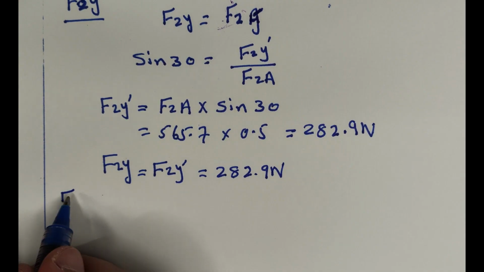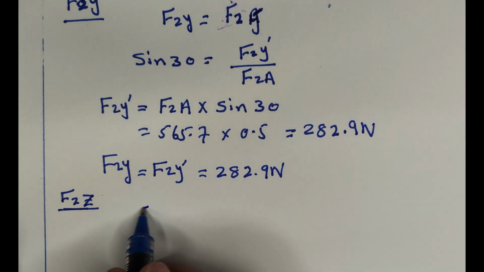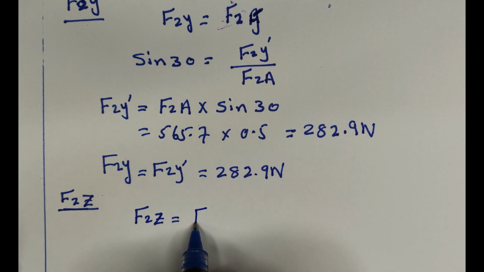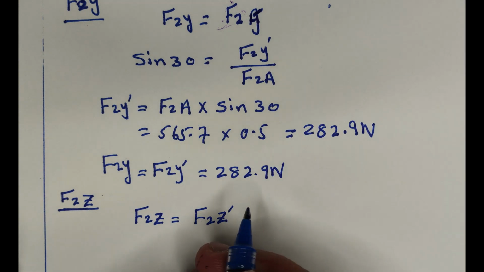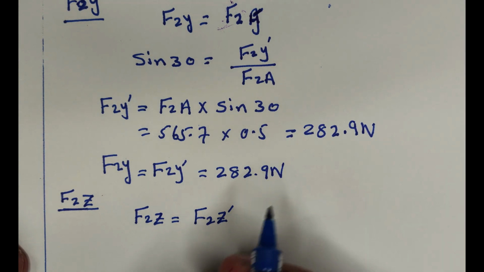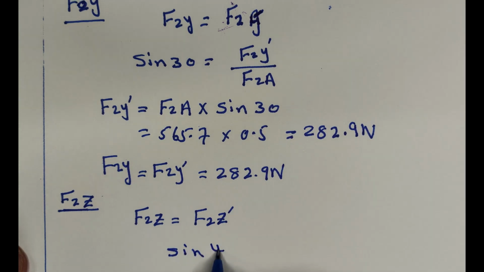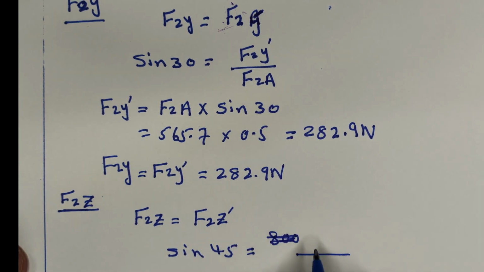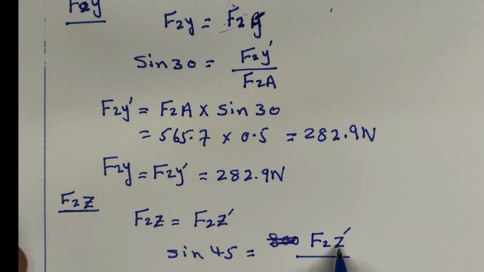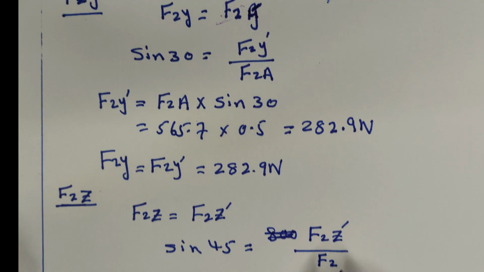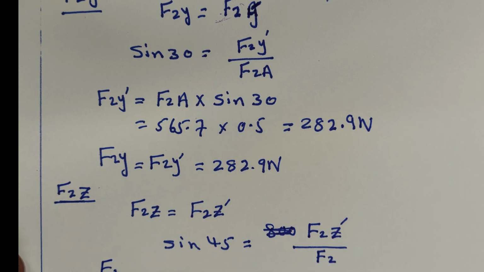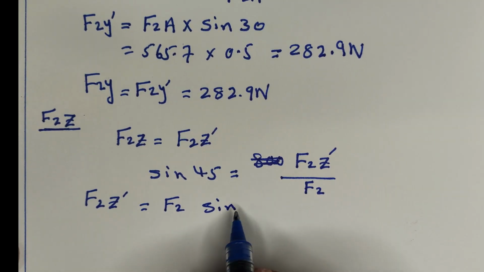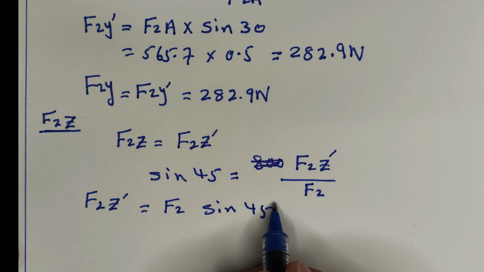Finally, we are working on F2 on the z direction. We know that F2 on the z direction is equal to F2z dash. Now solving for F2z dash, if we say sine 45 equals F2z dash divided by F2, then F2z dash is equal to F2 sine 45 degrees.